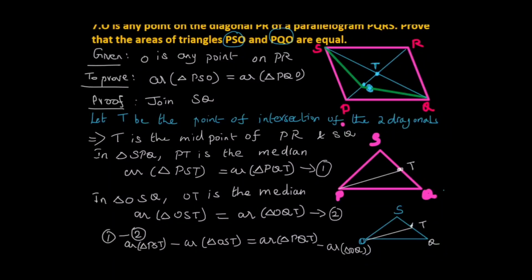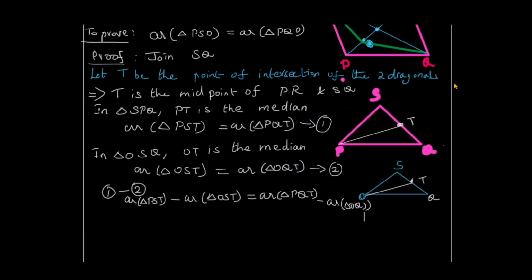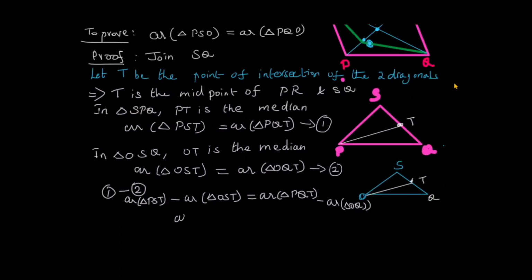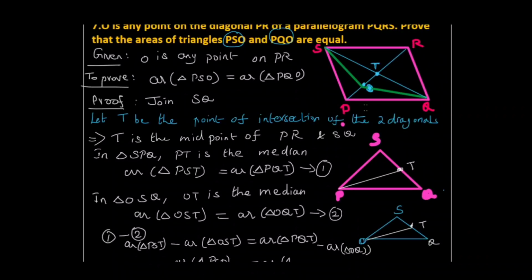Look at here, this is the full triangle. Here you can consider the full triangle PST. Look at the diagram, first diagram. If you are subtracting triangle OST, the rest of the triangle is nothing but PSO. So left side we will have area of triangle PSO, that is equal to right hand side, the full triangle PTQ or PQT.